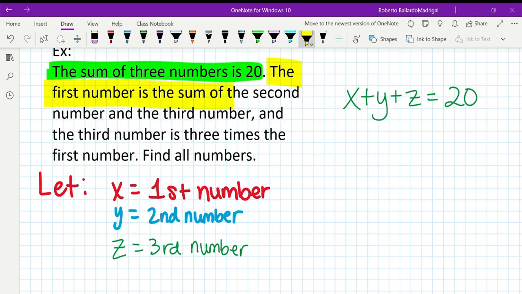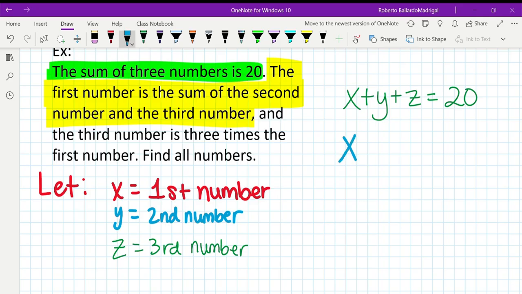All right. The next thing we're told is that the first number is the sum of the second and the third number. So what is the first number? The first number is what letter? X, Y, or Z?